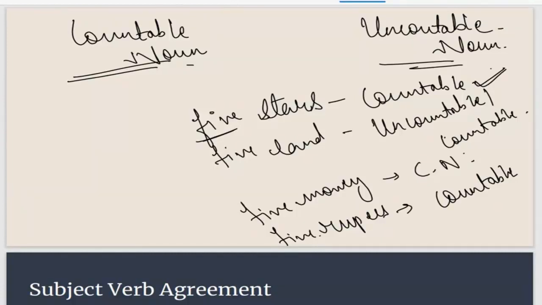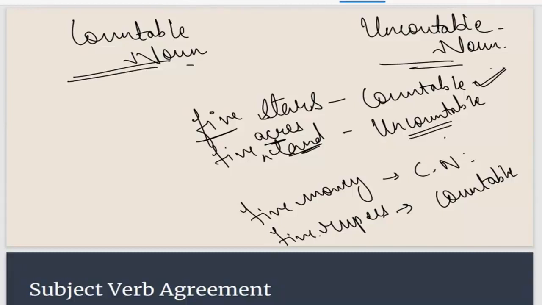We will have to add a certain unit before it: I have 5 acres of land. So whenever there is need of any unit, that word cannot come under countable noun. So definitely land is an uncountable noun.